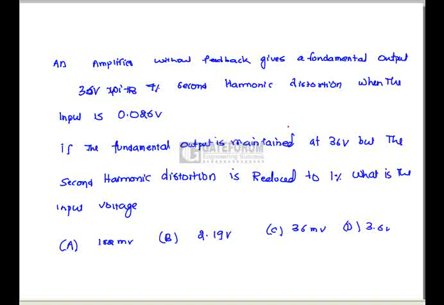If the fundamental output is maintained at 36 volts but the second harmonic is reduced to 1%, what is the input voltage? See, after feedback the second harmonic distortion is reduced by a factor of 1 plus A beta.